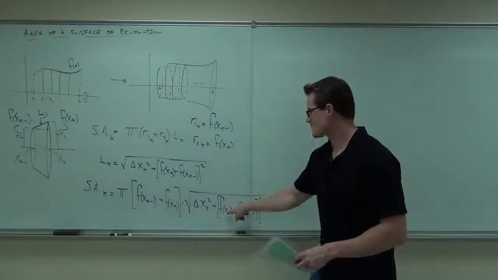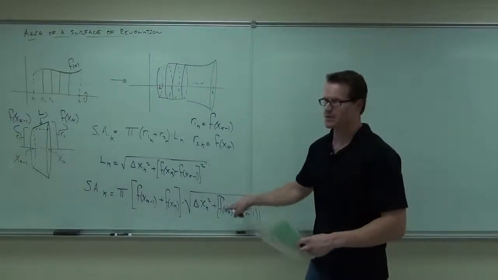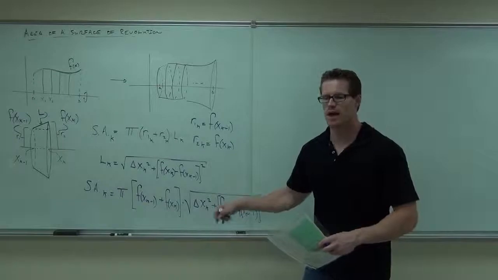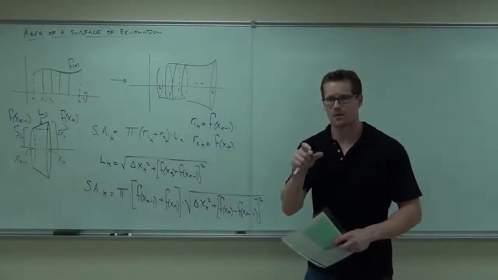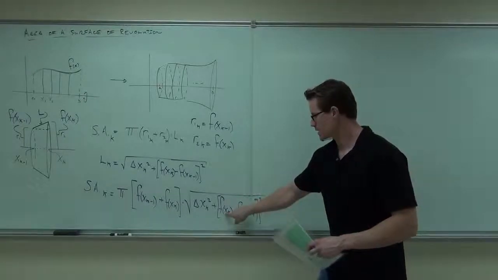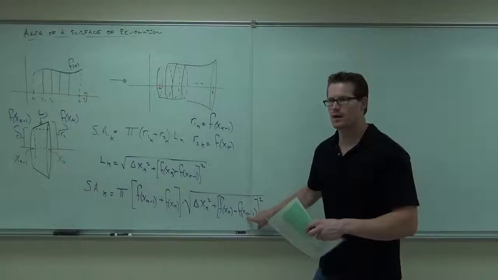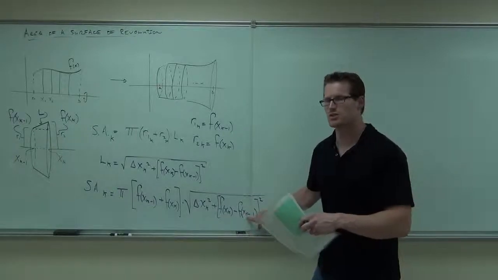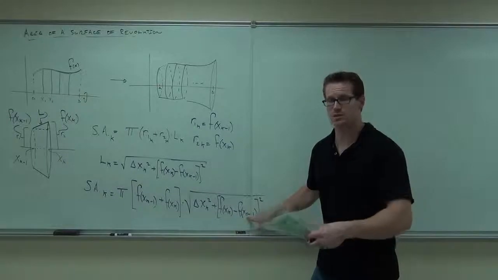Because what the mean value theorem says is, if I manipulate this and have the slope between 2 points, I can find a certain point, x sub k dot, which is between x sub k minus 1 and x sub k, for which the slope of the function is equal to the slope between the 2 points. In other words, the derivative at x sub k dot equals the slope between 2 points.